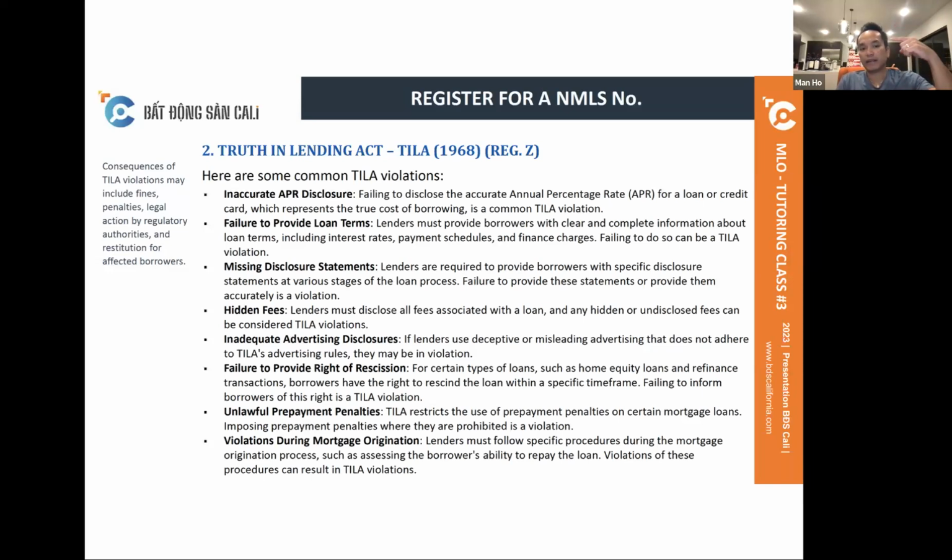A, inaccurate; B, failure to provide loan terms; C, missing disclosure; and D, all of the above. Which one are you going to pick? A? Nope, you're wrong. You only read the first one, but you didn't read the next couple. The correct answer is D, because it includes everything. So when you do the test, you have to be slow. You read everything, all the questions, all the answers, and then pick the right answer.